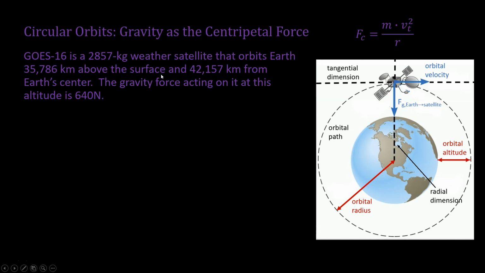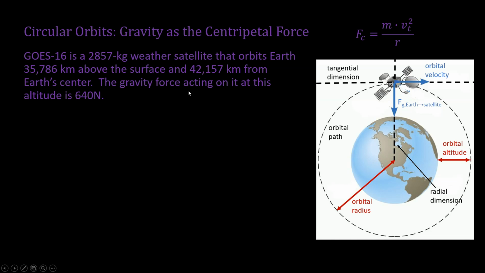Now we need to add the radius of the Earth to get our total orbital radius, and when we do that, we get 42,157 kilometers, and that's because the Earth's radius is 6,371 kilometers. So we add the 6,371 kilometers to the orbital altitude, and that gives us the orbital radius, which is measured from the Earth's center.